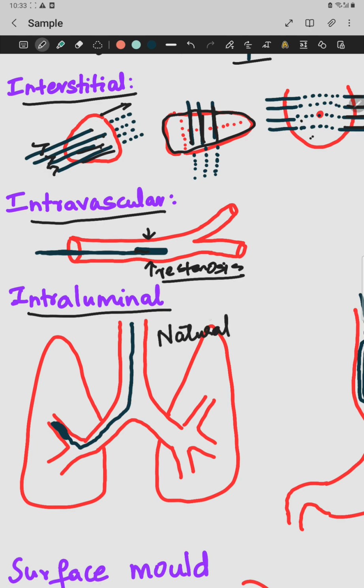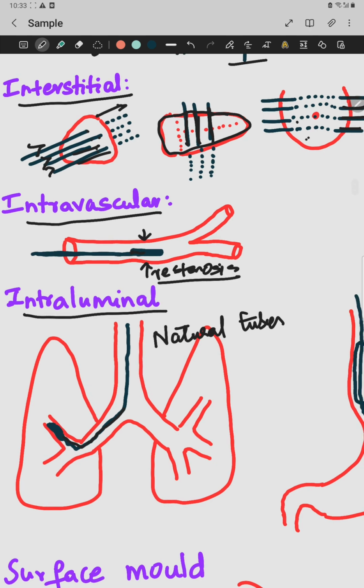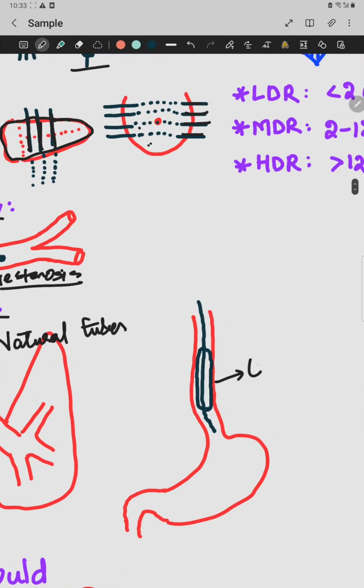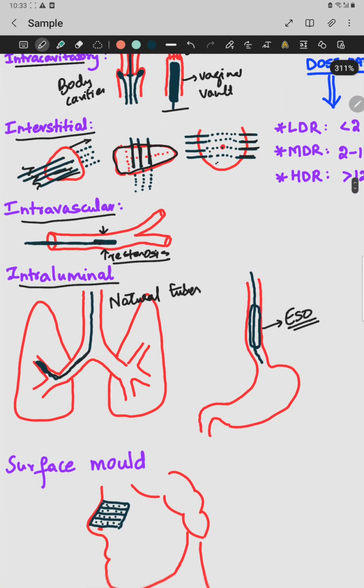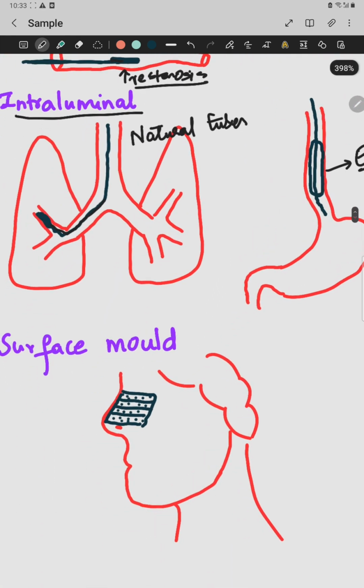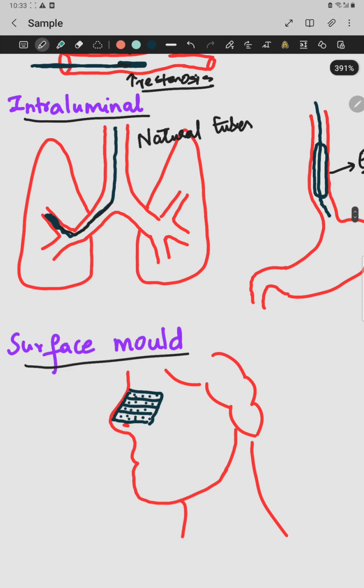In your natural tubes, the sources or the catheters are put, for example inside the bronchus or inside the esophagus as well. So this is esophagus intraluminal brachytherapy.